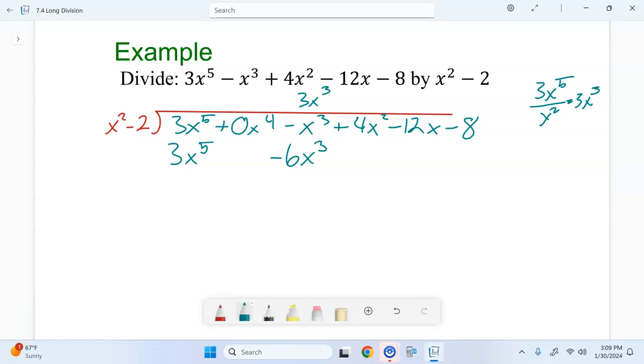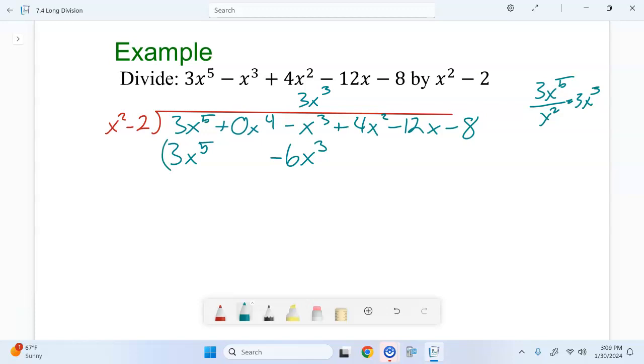If I had a trinomial, like x squared plus x minus 2, I would definitely need it. Sometimes you won't need it, but put it in case. Until we actually need it, we just act like it's not there, because 0 minus nothing is nothing. It doesn't get in the way of anything.